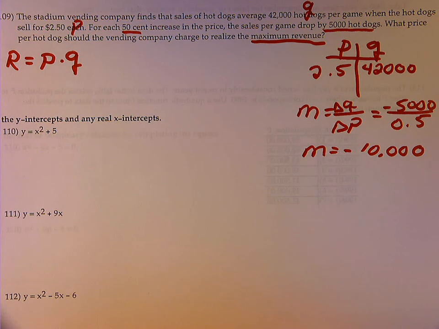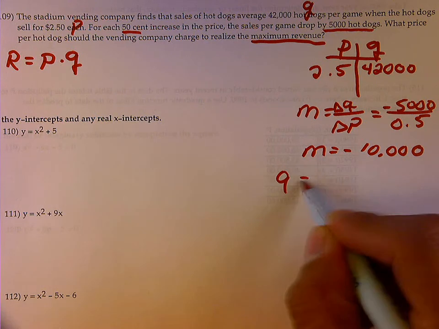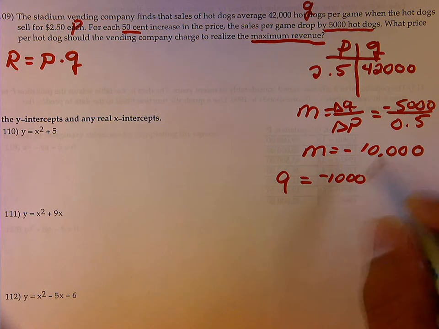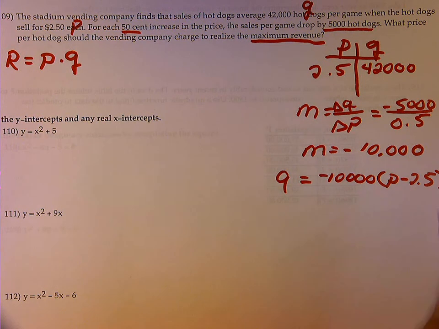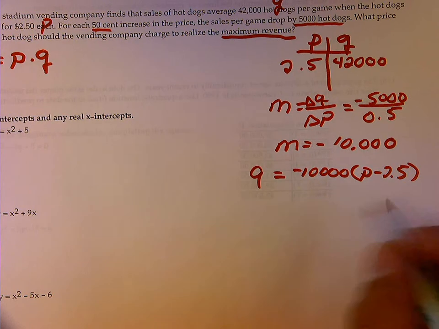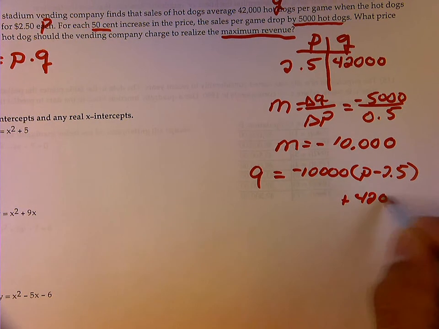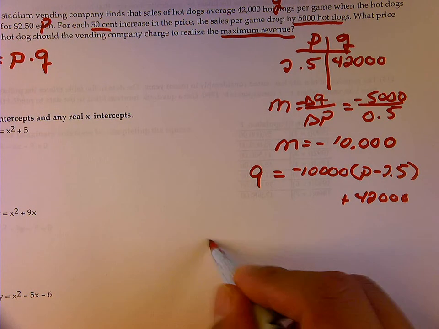So, I now have the slope. I'm going to use the point-slope form. Q equals negative 10,000 times P minus 2.5, plus 42,000. Sorry about that, I'm running out of space.